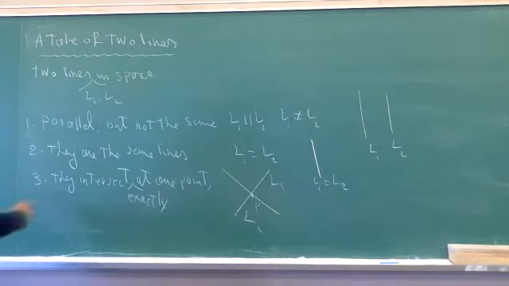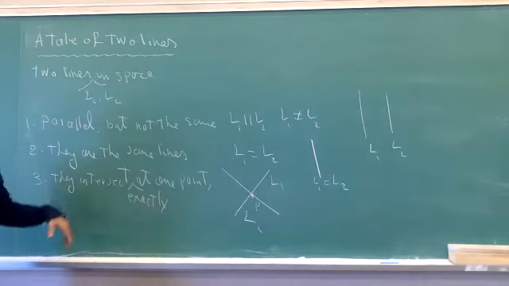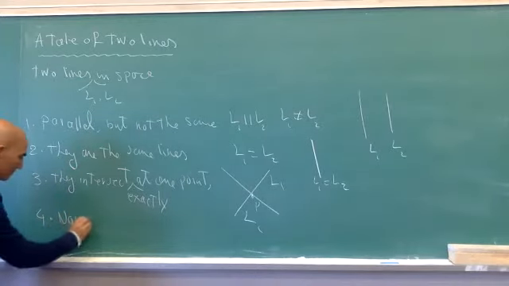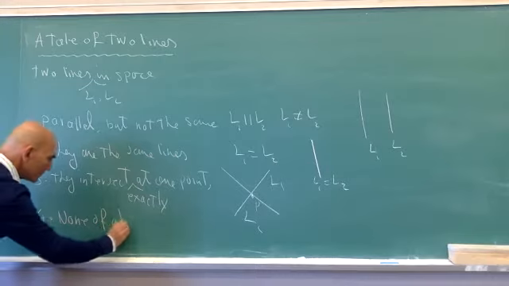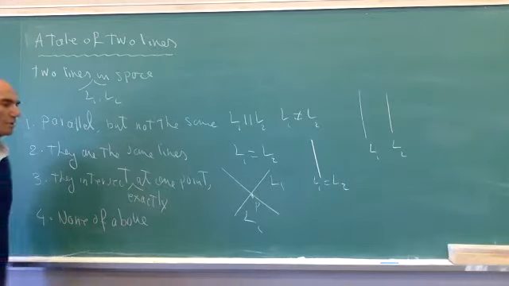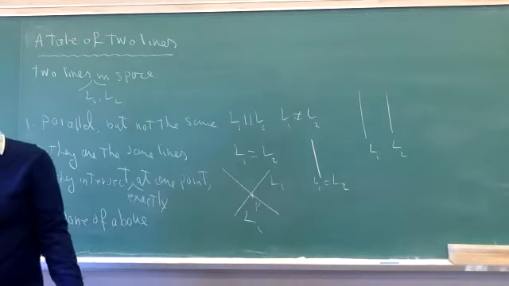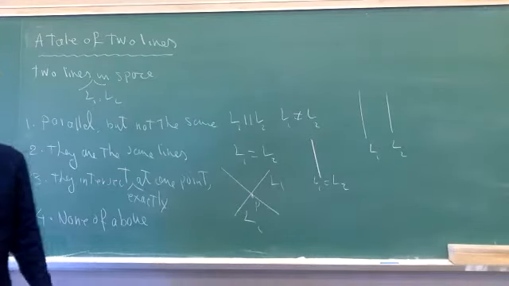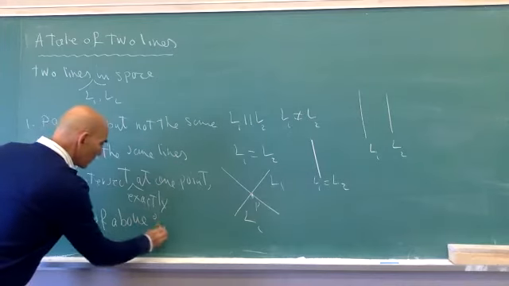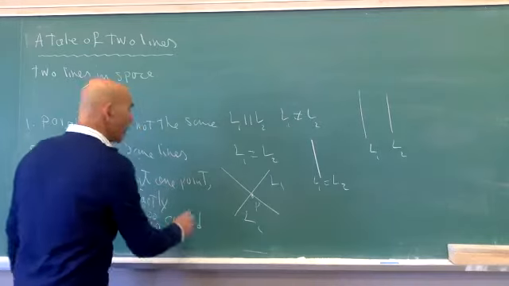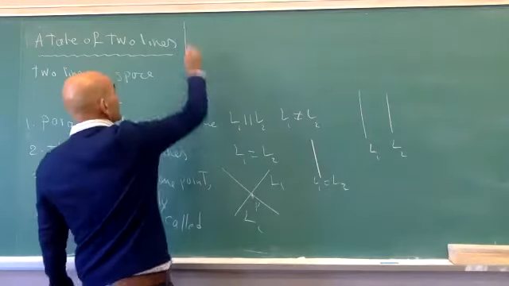And the fourth case is none of the above. In other words, they don't intersect, they are not parallel, and they are not the same. So they are called skew lines.